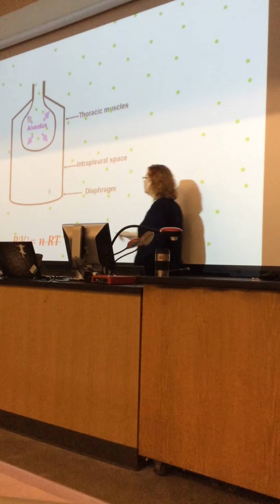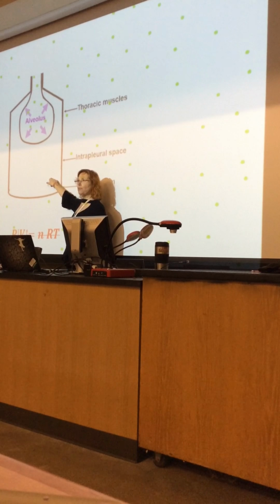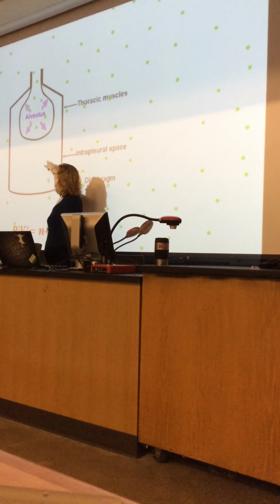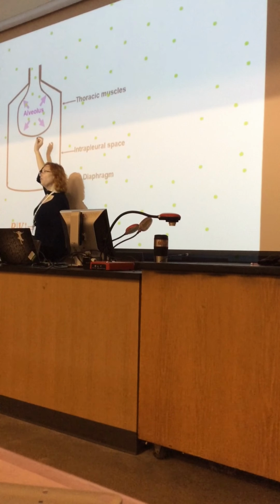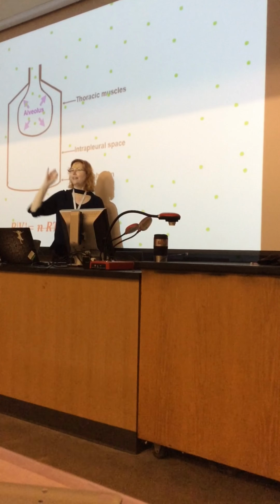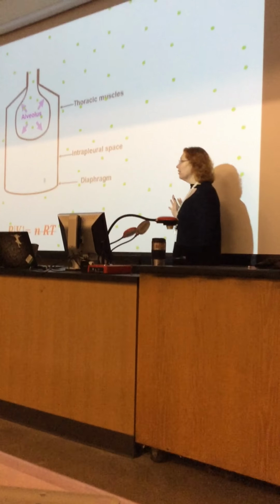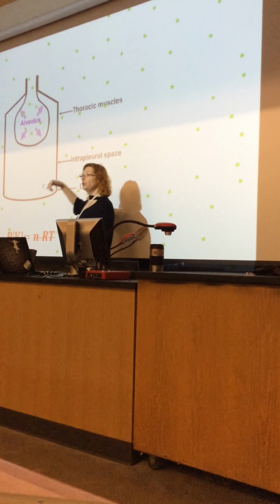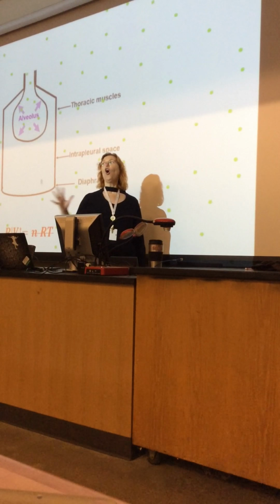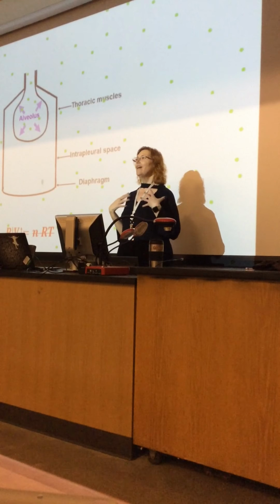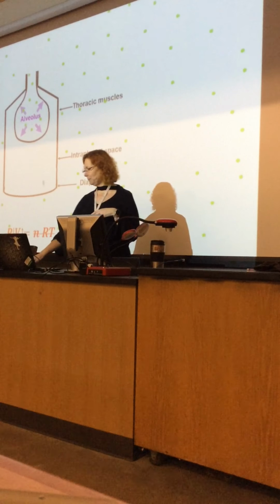Through increasing the size of the thoracic cavity, therefore decreasing the pressure in the intrapleural space, therefore increasing the size of each alveolus, therefore decreasing the pressure inside of each alveolus relative to atmosphere, that causes air molecules from the atmosphere to move into the alveolus. So the driver for all of this is the contraction of the thoracic cavity and the diaphragm.